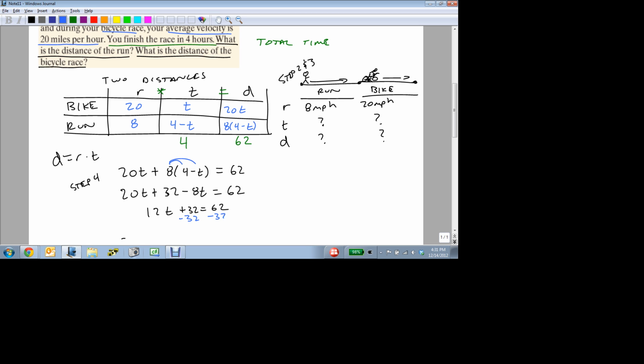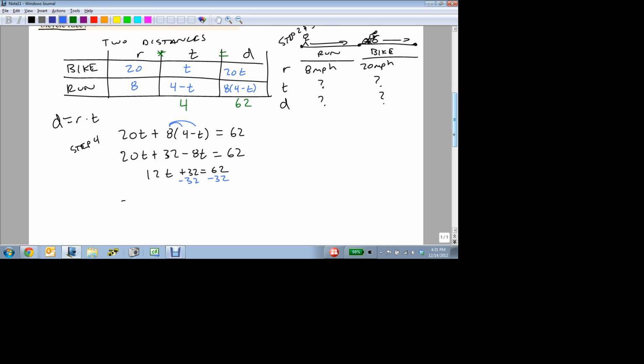We'll then subtract 32 from both sides. 12t equals 30. Then we divide both sides by 12, or multiply by 1/12. We reduce our fraction. Notice that 6 goes into both of these. So it's going to be 5/2, or 2 1/2 hours spent biking.